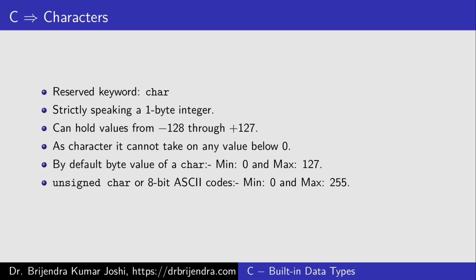As a character, it cannot take any value below 0. By default, the byte value of a char, when that byte is used as a char, has minimum 0 and maximum 127. Now there is one qualifier, unsigned. So for unsigned char, or 8-bit ASCII codes, the minimum value is 0 and the maximum value is 255.